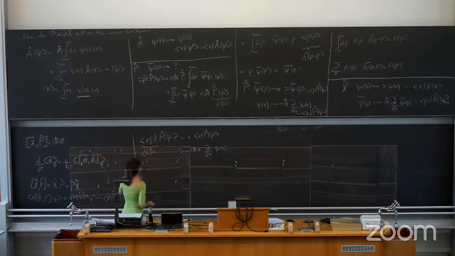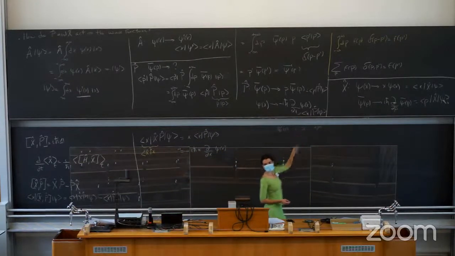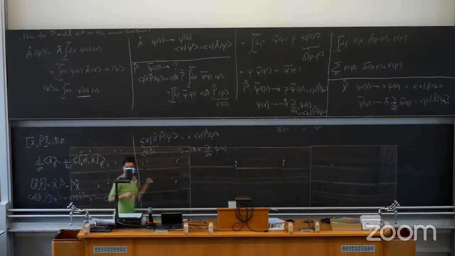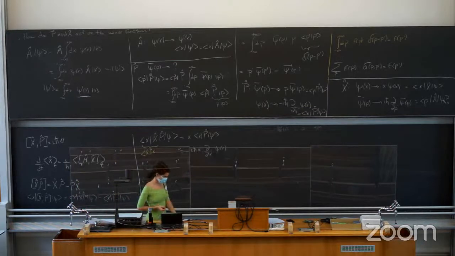So this is just the eigenvalue operation. This is plugging in that thing. Is there still a question? Just a quick recap. We assume that the eigenvalues of the x and p operator are not complex.